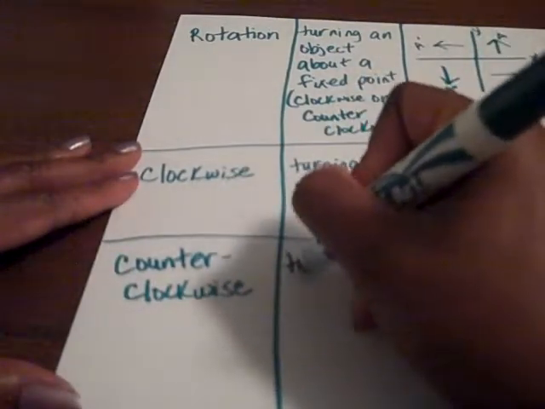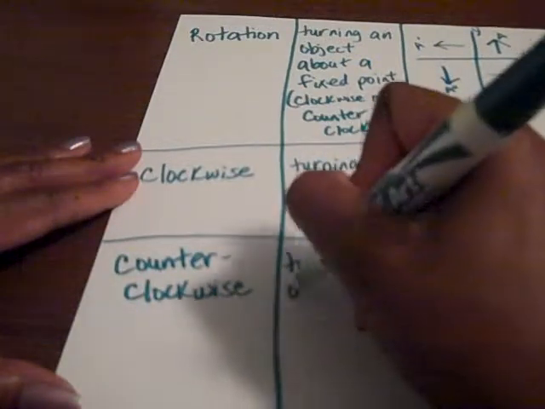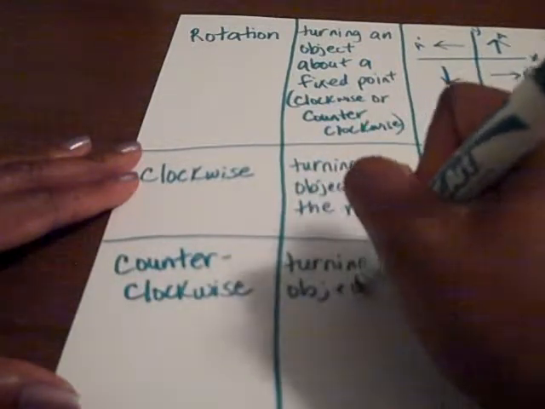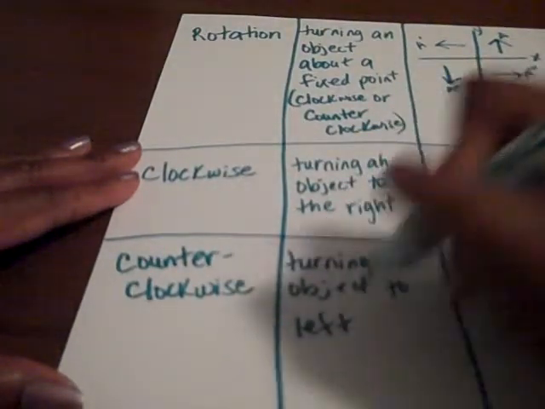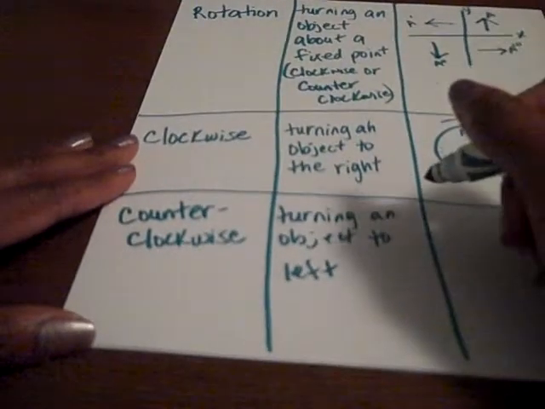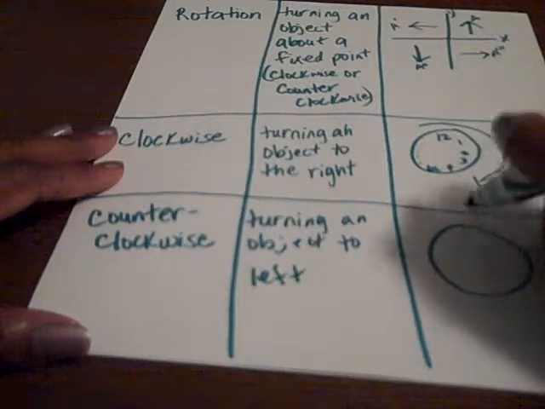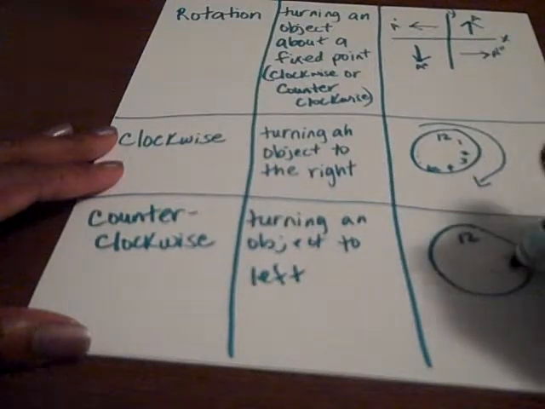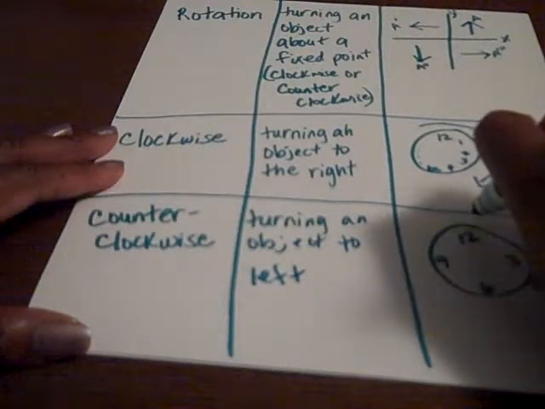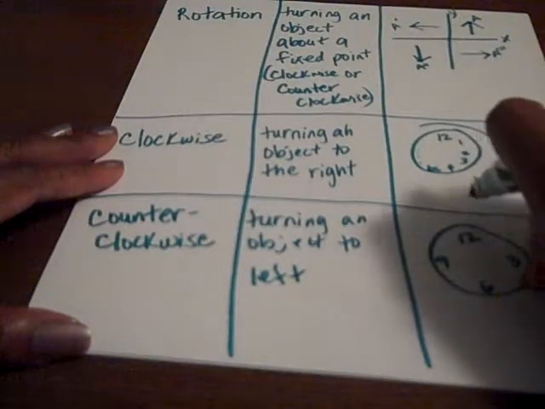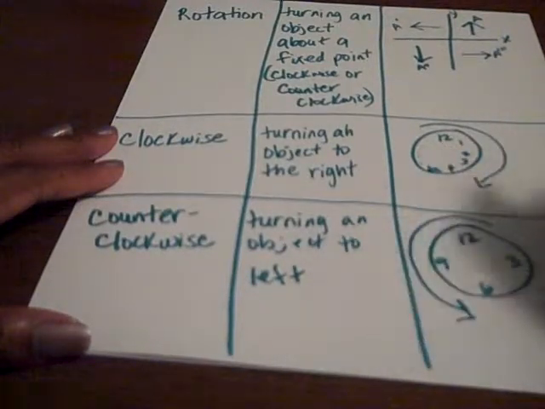So that means we're going to turn an object to the left, which is the opposite way that a clock will turn. So here's my clock once again. Here's 12, 3, 6, and 9, which means that in order to go in the opposite or counterclockwise, you are going to travel in the left direction.